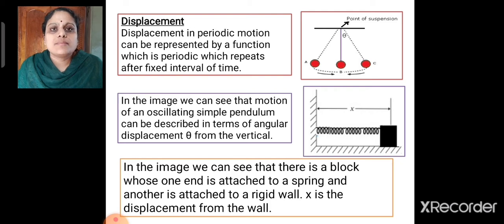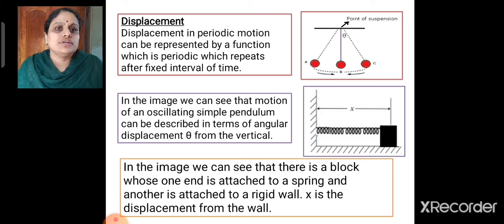Now let us define displacement. Displacement in periodic motion can be represented by a function which is periodic, that is, which repeats after a fixed interval of time. In the case of the simple pendulum shown in the figure, the displacement is taken as the angle theta.